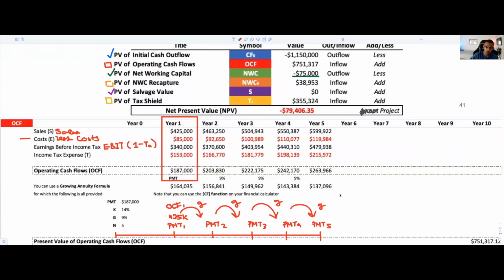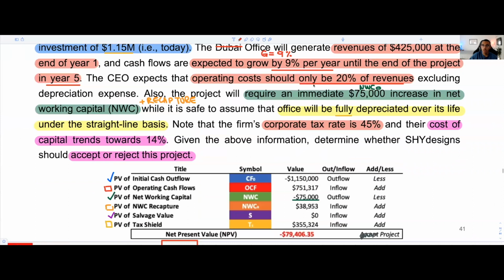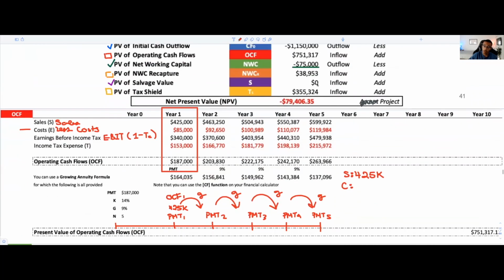So what you would do is, okay, I know my sales is equal to 425K. So this is going to be sales. And my costs, if I go back to my question, are 20% of revenues. So I could do this times 0.2 and it's going to give me my cost.